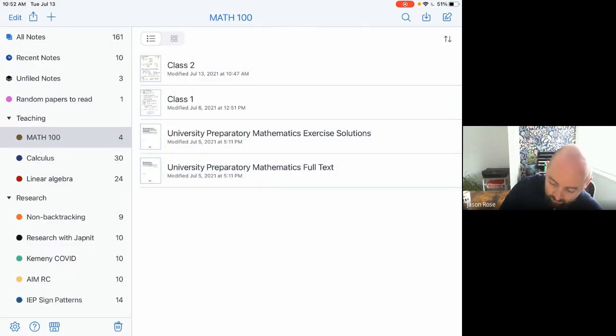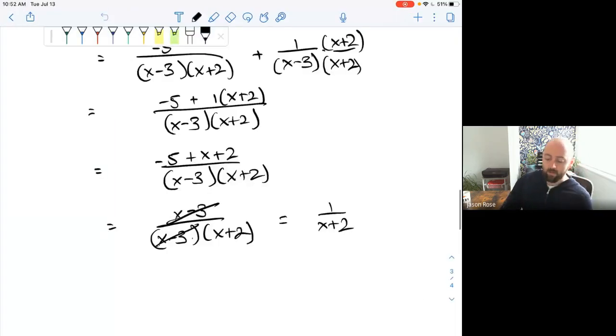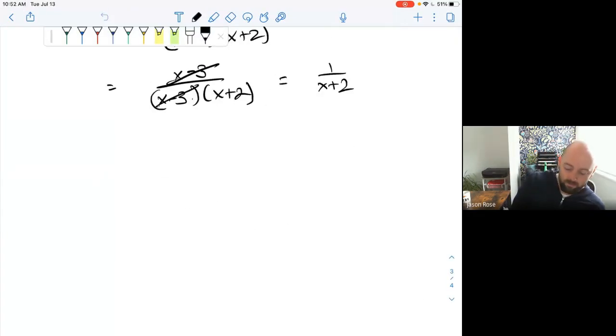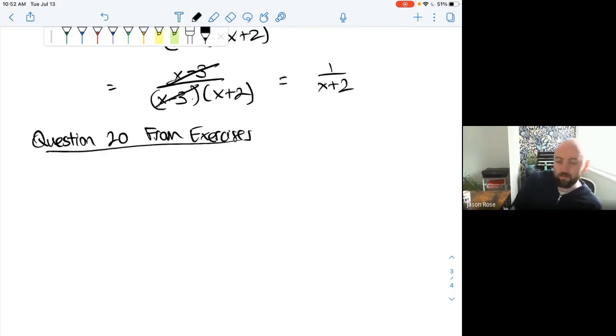Okay. So question 20 from exercises. I forget what page or what section number right now, but hopefully you'll know where it came from. So it was 3 over x plus 1 minus 1 over 2x plus 1.